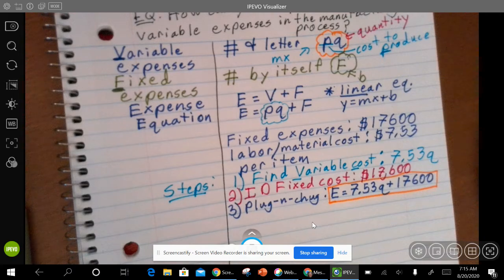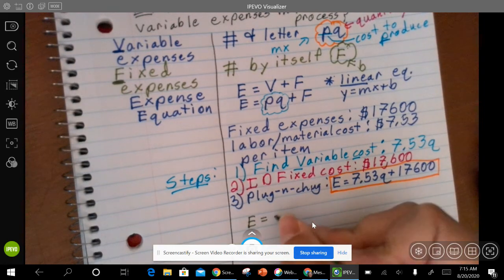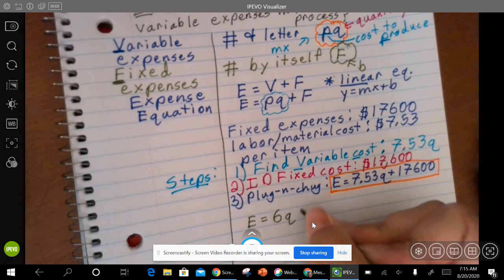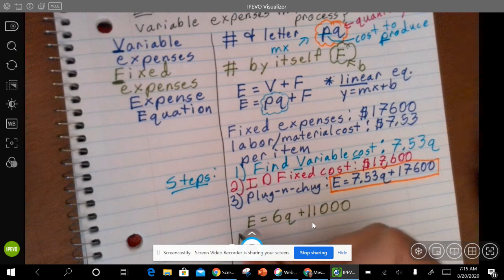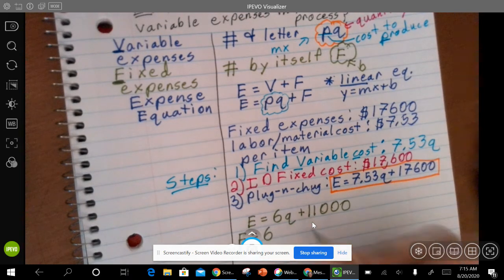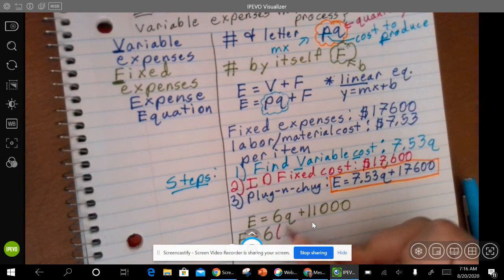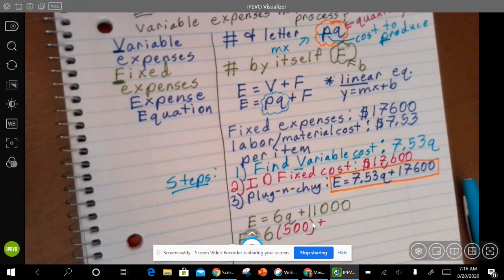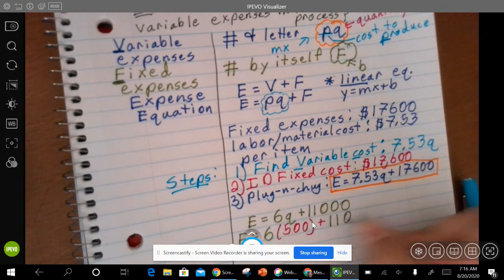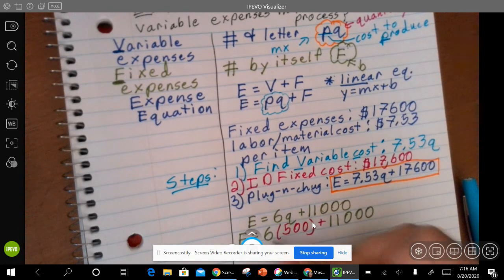Okay, so what if they asked us, what is the cost of 500 widgets? Let's say our equation is equal to cost to produce is 6 times the quantity plus 11,000. I'm going to substitute in this 500 widgets, because that's the quantity, plus 11,000. So I'm going to multiply 6 times 500.